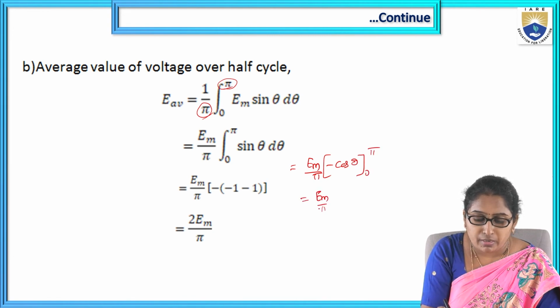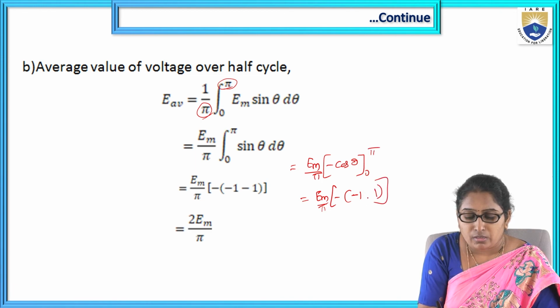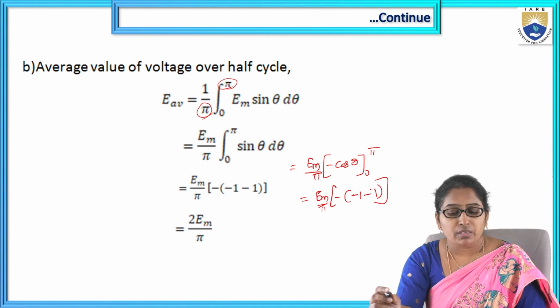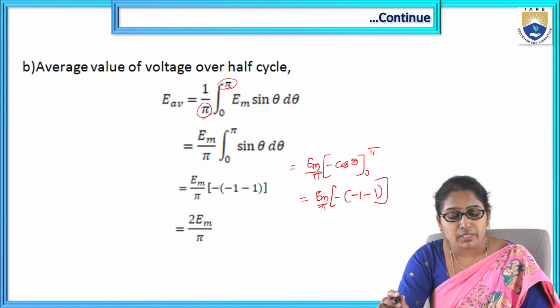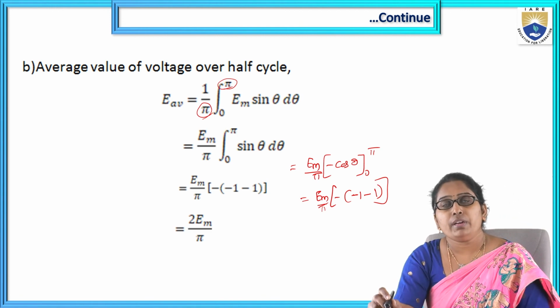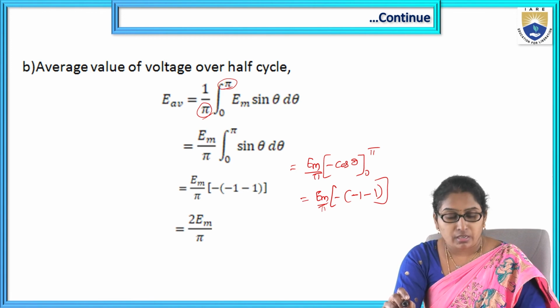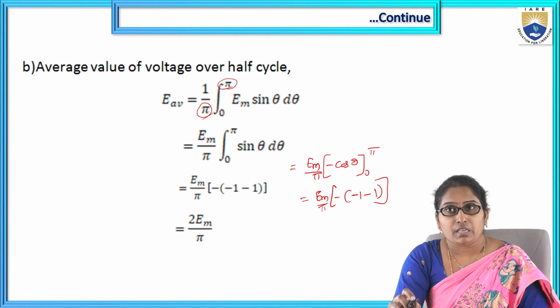Cos pi is minus 1, so that gives minus 2, and multiplied with the minus it becomes 2 Em by pi. That is the average value of a sinusoidal voltage over a half cycle.